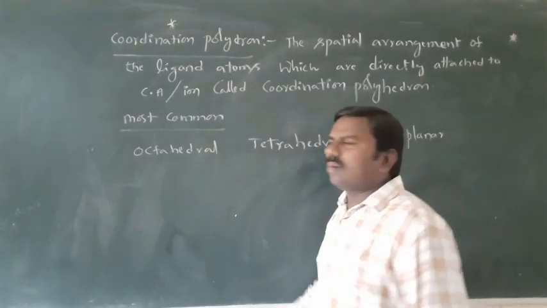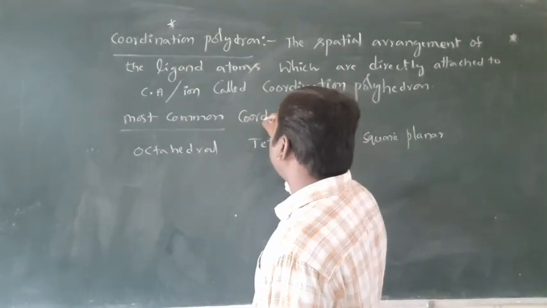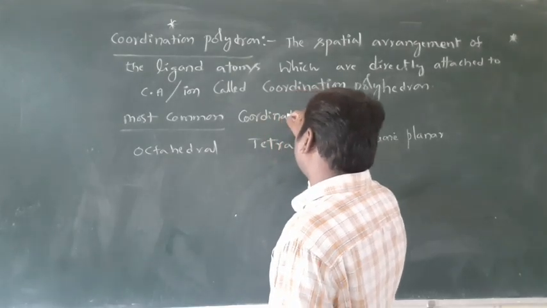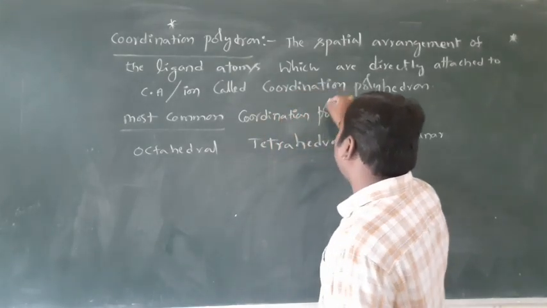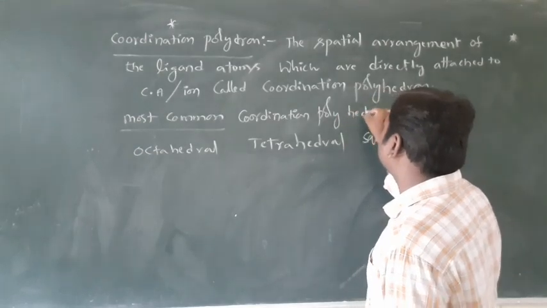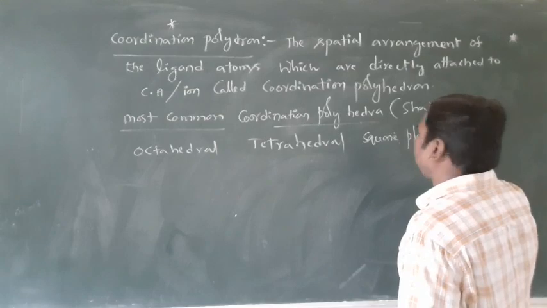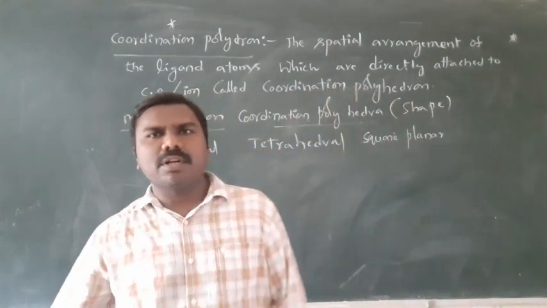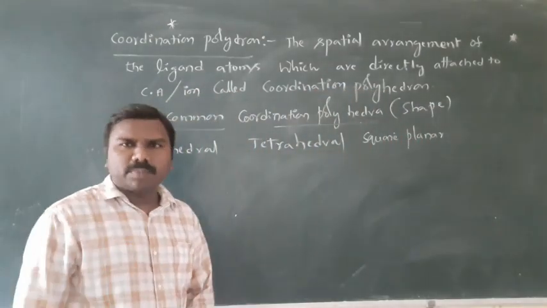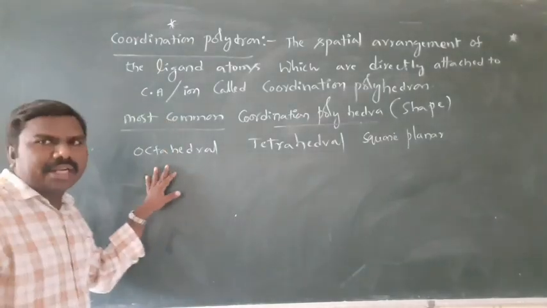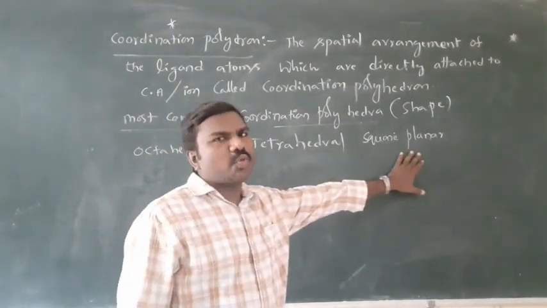The most common coordination polyhedra are nothing but the shape, the geometry. Most common shapes in complex compounds are octahedral, tetrahedral, and square planar.